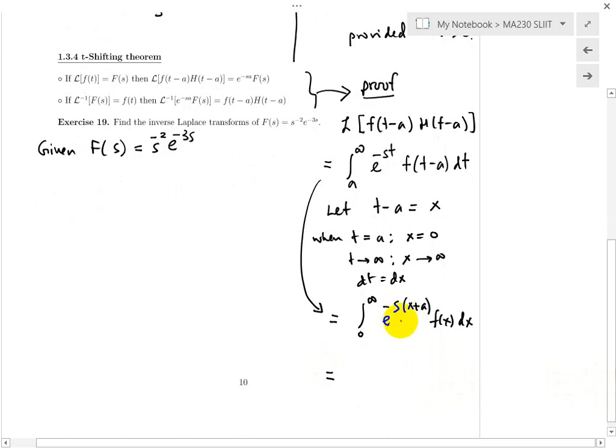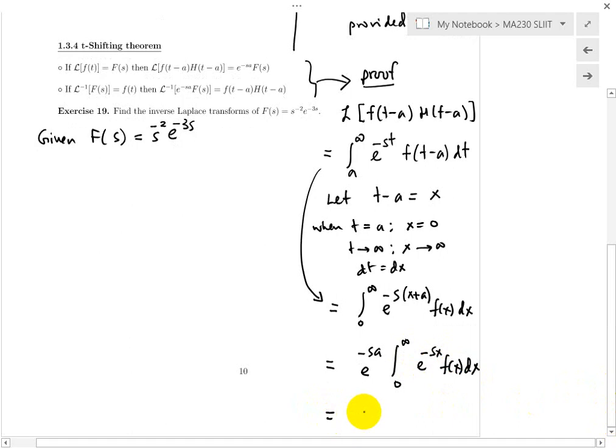So s is constant, a is constant, so exponential minus sa you can take out. Then 0 to infinity exponential minus sx f of x dx. And what is this? This is exponential minus sa times the Laplace transform of little f.